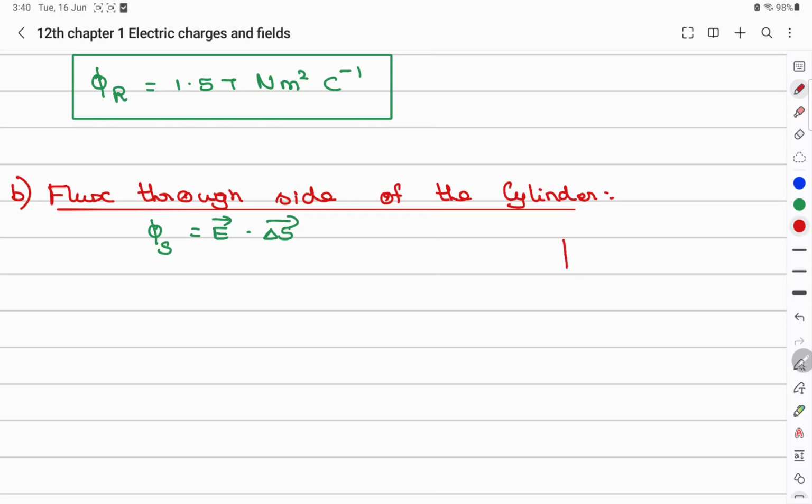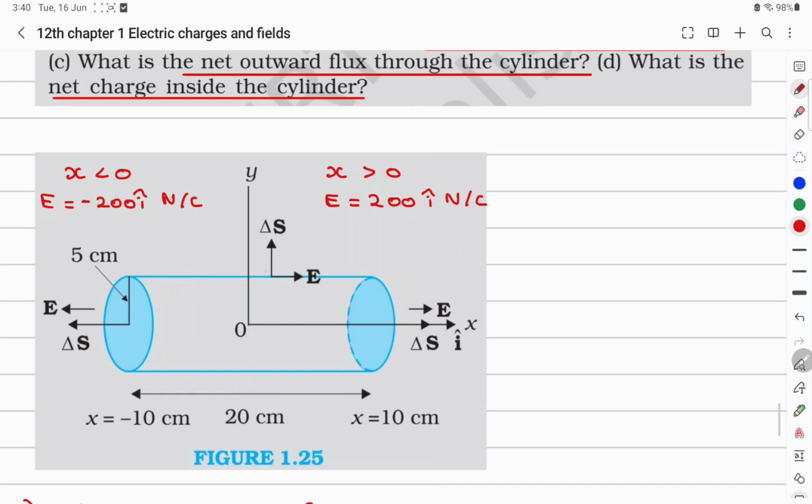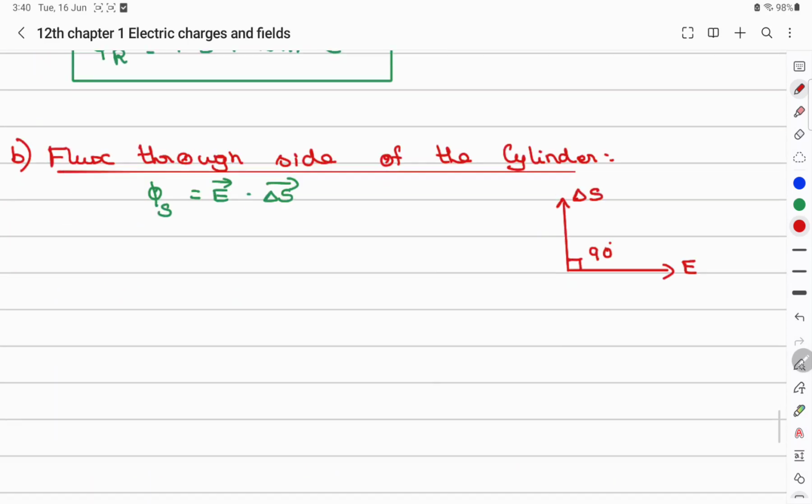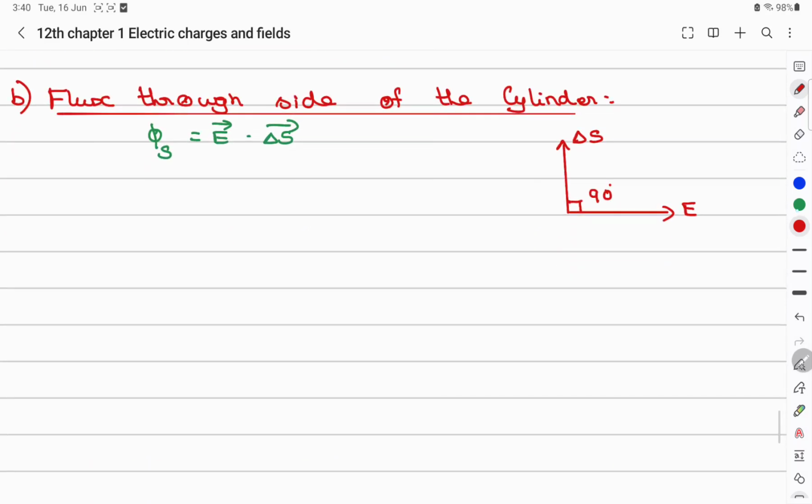Here the electric field and the area vector del S will be perpendicular, so the angle between them will be 90 degree. We know that cos 90 is 0. So phi of S is equal to E del S cos 90, and cos 90 is 0. So the flux through the side face of the cylinder is 0.